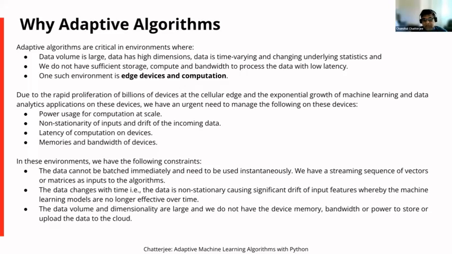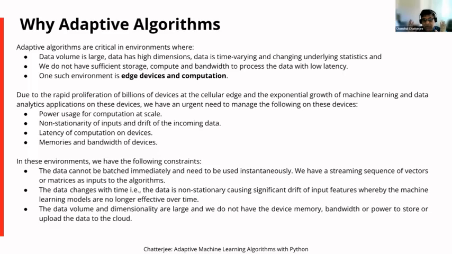So I premised this whole book on the edge device and edge computation reason as the main use case. You can have many other use cases, but this one I thought would be the most useful, most potent, and the most valuable. Due to the rapid proliferation of billions of devices at the cellular age and the exponential growth of machine learning and analytics applications on these devices, we have an urgent need to manage the following: power usage, the non-stationarity of inputs, latency, and memories and bandwidth of devices.